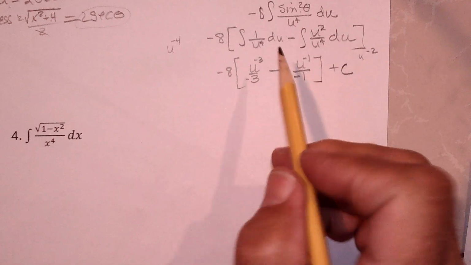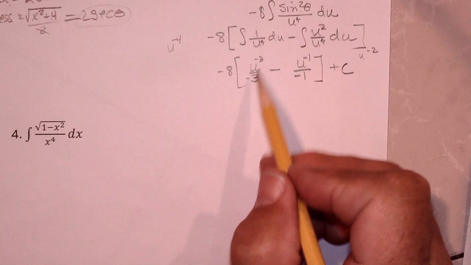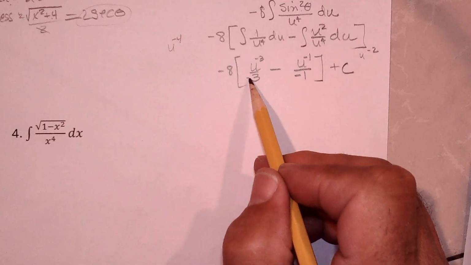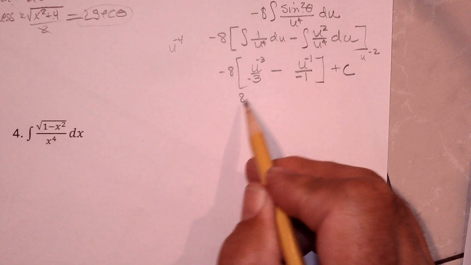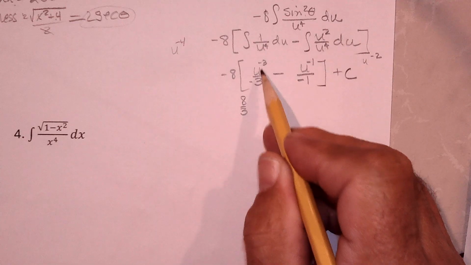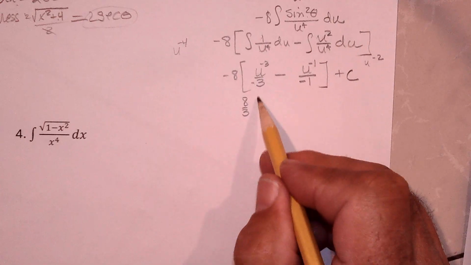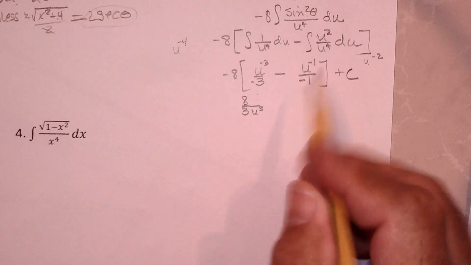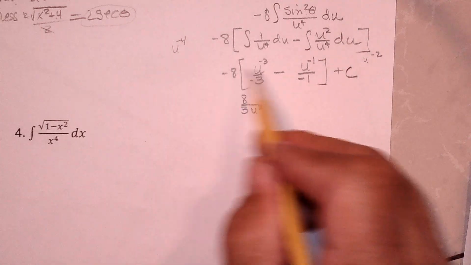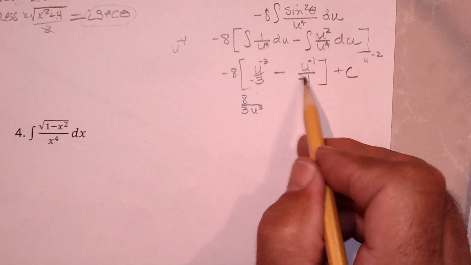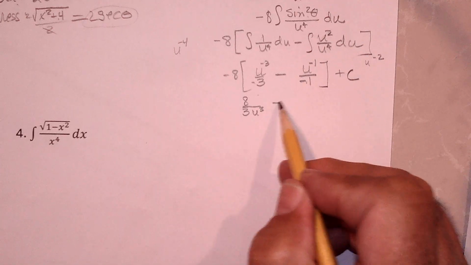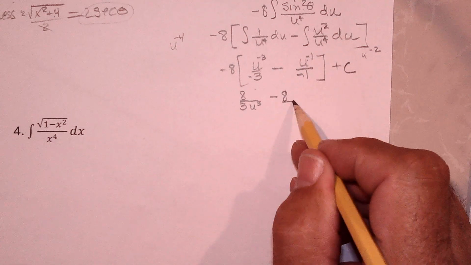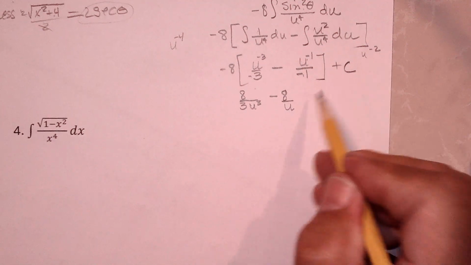Now we have to go back. So negative 8 times this over negative 3 is positive 8 thirds, and u to the negative 3 is over u to the 3rd. And minus 8, these minuses cancel, so it's just going to be minus 8, and u to the negative 1 is 1 over u.